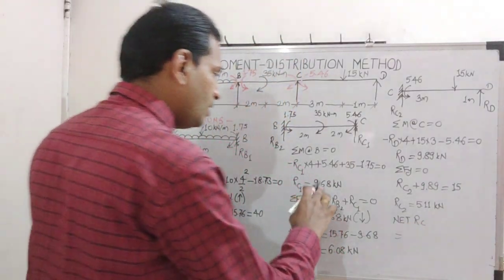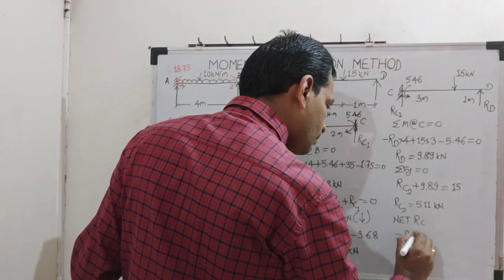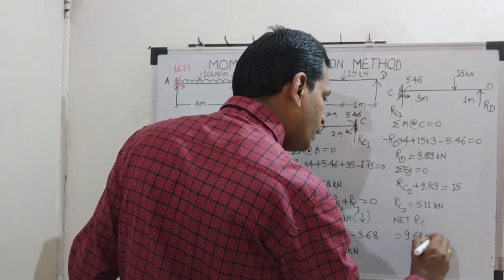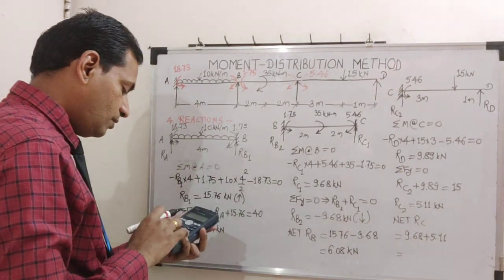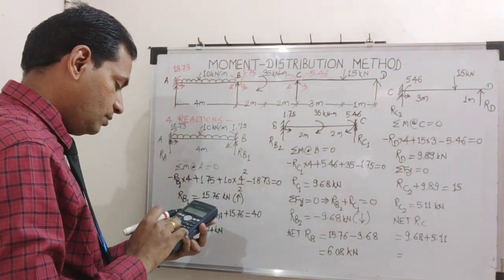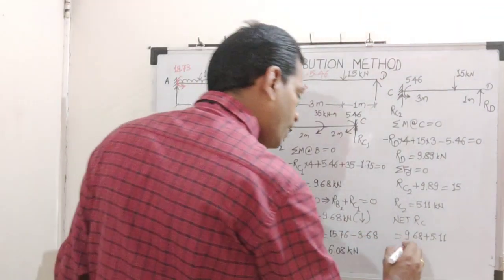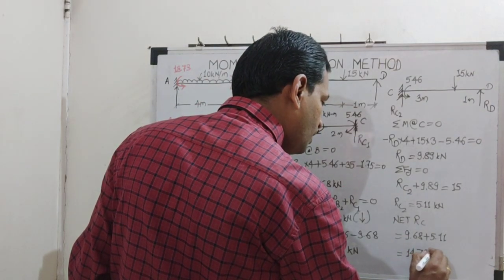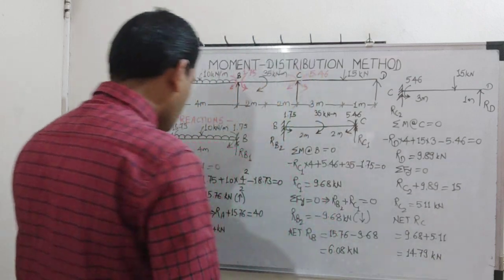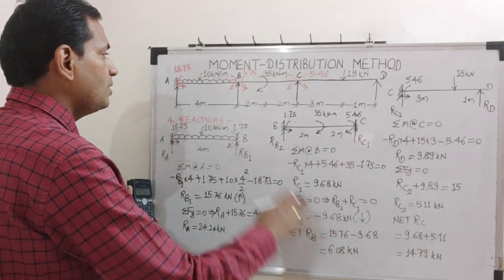What is RC1? 9.68, RC2 5.11. Let us add this. So it is 14.79 kilonewton.